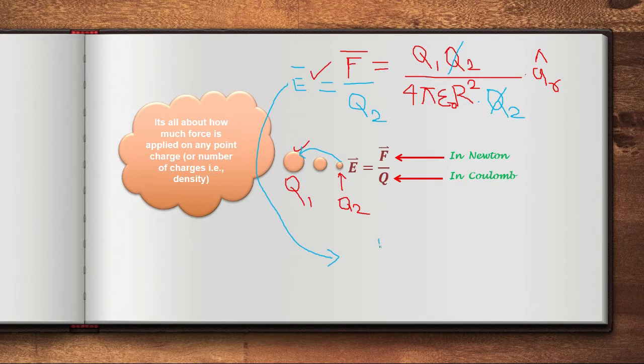So electric field intensity E bar, making it a vector, will be equal to, now we have only one Q remaining in the numerator. So it will be Q divided by 4 pi epsilon naught R square, and we have to take the direction component as it is a vector.